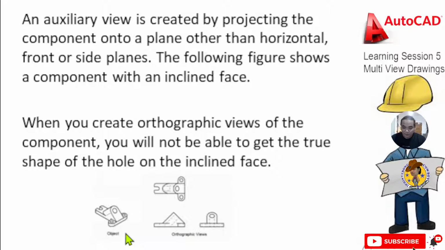Like in this example, this is inclined, so you will not get the circle using the third angle projection method or the orthographic views. That is why, for the auxiliary view, you will be doing that by inclined projection, like this one.